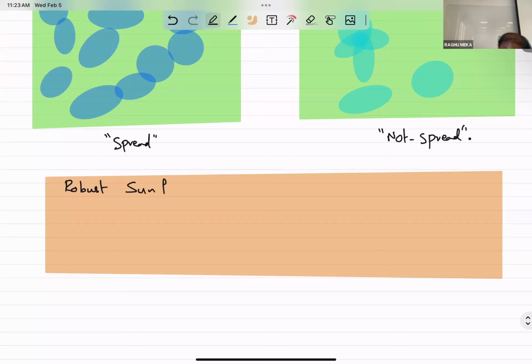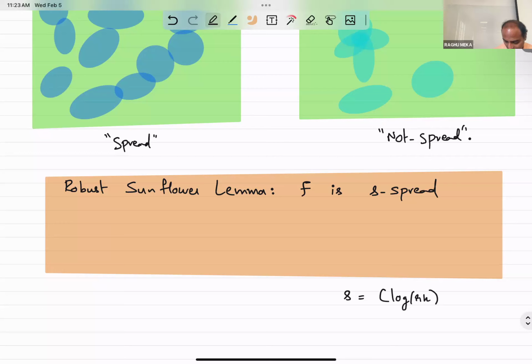They said, suppose I have F, which is S-spread, where S is some bound, like whatever we had earlier.